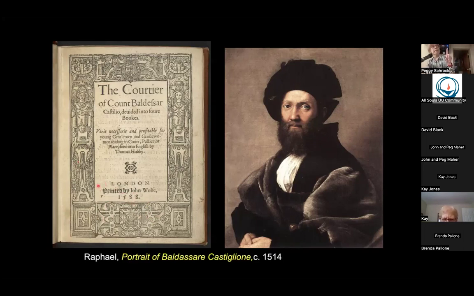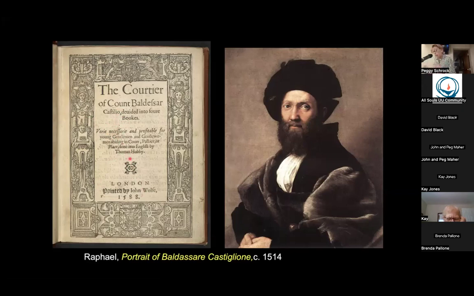It says, very necessary and profitable for young gentlemen and gentlewomen abiding in court, palace, or place, done into English by Thomas Hoby. I love this version of English because you still see where they're using this letter that's sort of a variation of an F as an S, if you encounter that. I just love the description of it.